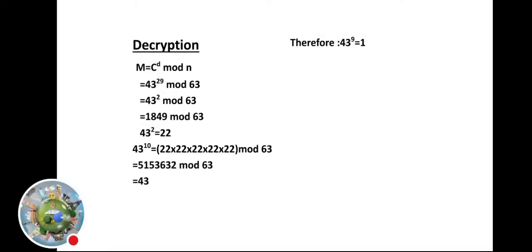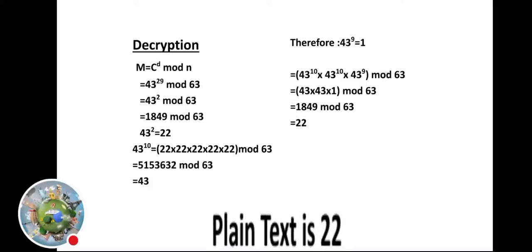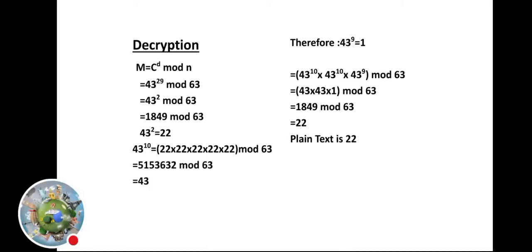Therefore 43 to the power of 9 equals 1. So the answer will be 43 into 1 mod 63. So the final answer is 22. So the plain text is 22. So the answer will be A: E equals 5, D equals 29, C equals 43.